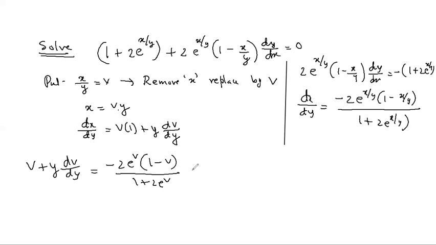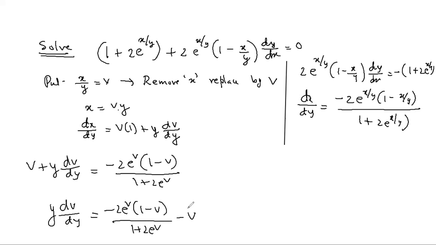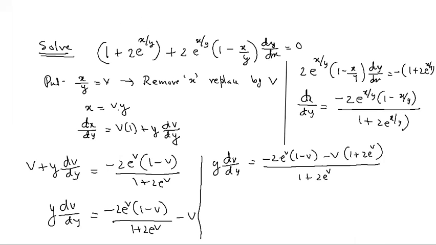Now bring all v to one side. So y into dv by dy is minus 2 e raised to v into 1 minus v upon 1 plus 2 e raised to v, minus v. Now let's take the LCM and simplify this. Can you do it yourself now for the remaining part? Yes, sir, try solving it. So we took the LCM. y into dv by dy. When you open the bracket, this is plus and this is minus, so this and this will get cancelled.